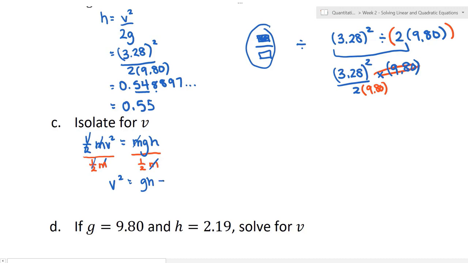So instead I'm going to write divided by 1/2 like this, and then simplify. So remember, dividing by a fraction is like multiplying by the reciprocal or the flip. Well, what's the flip of 1/2? The 2 goes on top, and the 1 would be on the bottom, but 2 over 1 is just 2. So you would just be left with gh times 2.